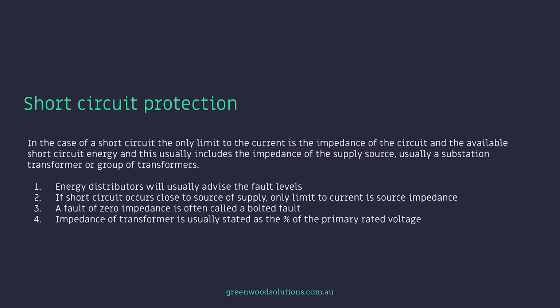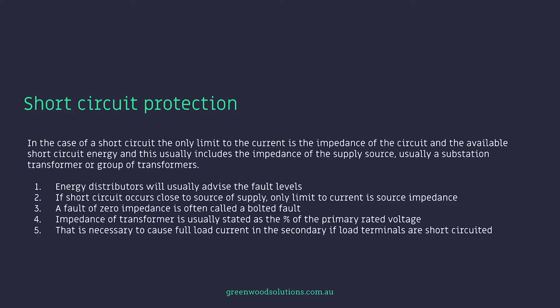The impedance of the transformer is usually stated as a percentage of the primary rated voltage that is necessary to cause full load current in the secondary if load terminals are short-circuited. So we're talking fault current situations, and this is determined basically from the transformer or group of transformers all the way down to the final circuit.